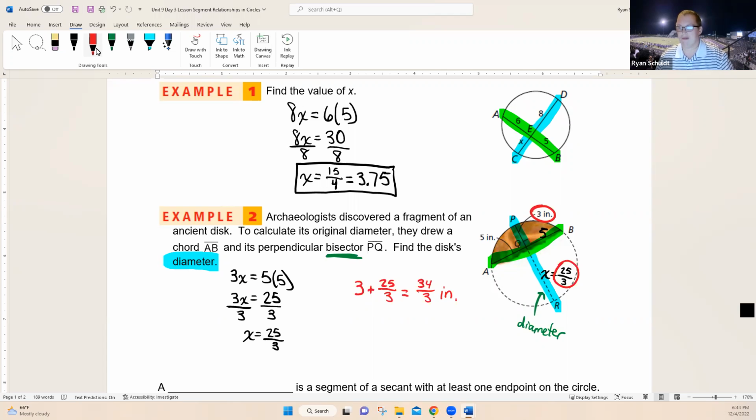So if I round this to, let's say 2 decimal places, that would be 11.33 inches. So 11 1/3 inches, basically. Now somebody comes to you and says, hey, the disc is 11 1/3 inches, or 11.33 inches.